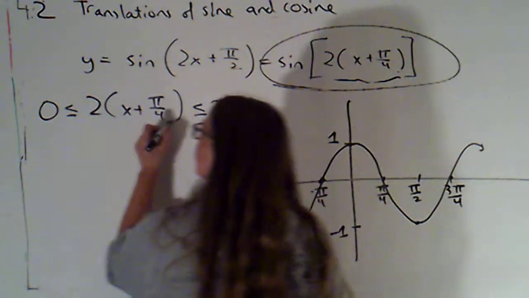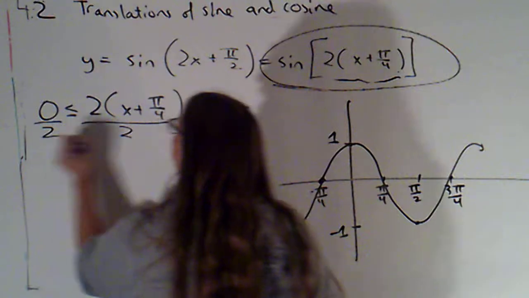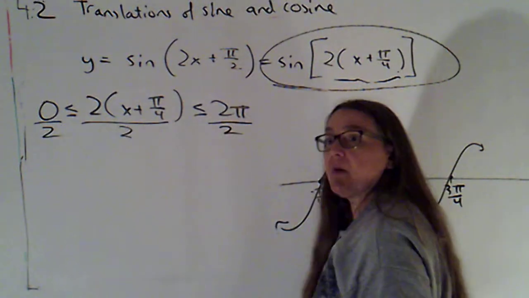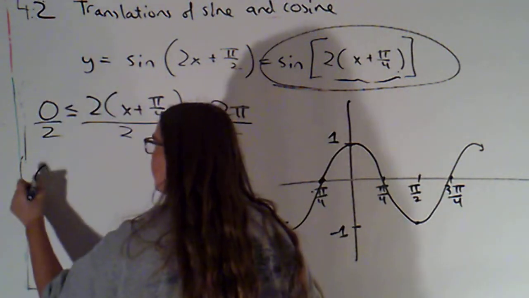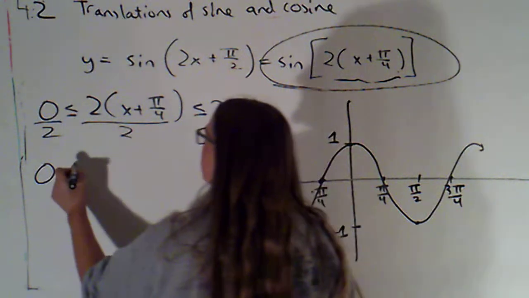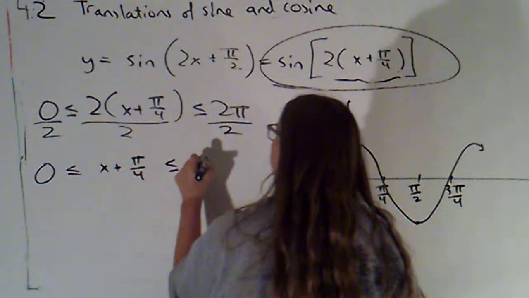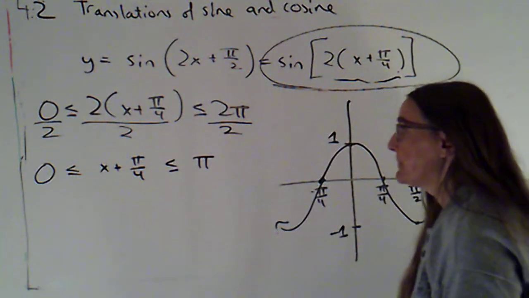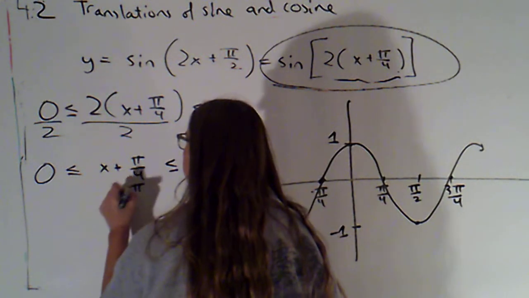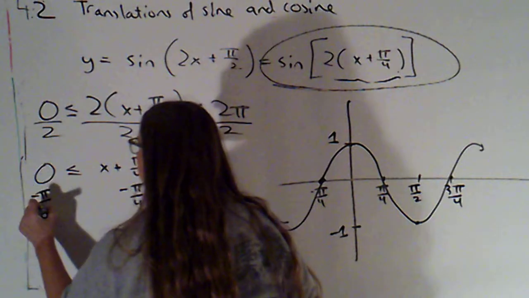Okay, so here, if I'm solving for x, I'm going to divide each piece of that inequality by 2. Now, 0 divided by anything is still 0. Less than or equal to x plus pi over 4, less than or equal to pi. Now I'm going to subtract pi over 4.